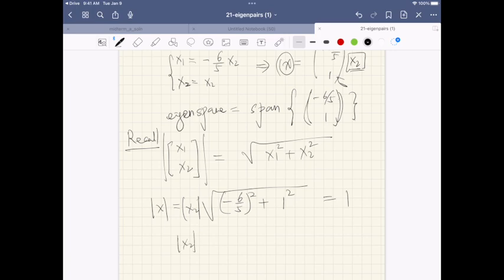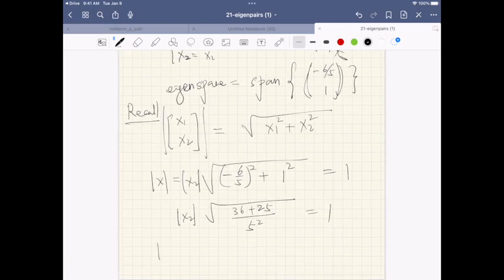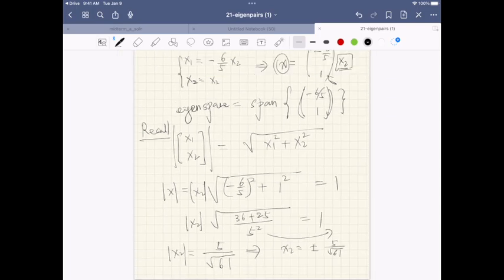Here this is 5 squared, 36 plus 25 is 61, so the length equals 1 means x2 equals 5 over square root of 61. So if you choose x2 as either plus or minus 5 over square root of 61, then this makes the eigenvector unit length.